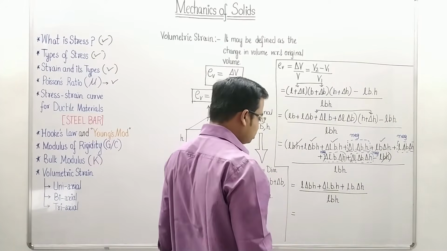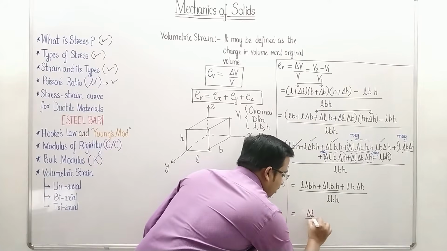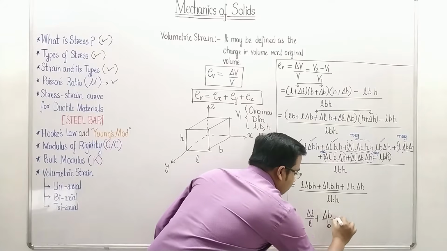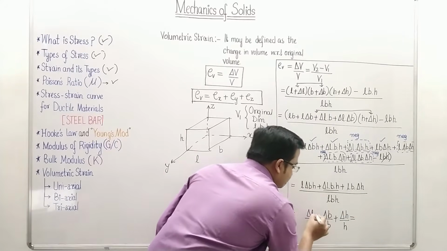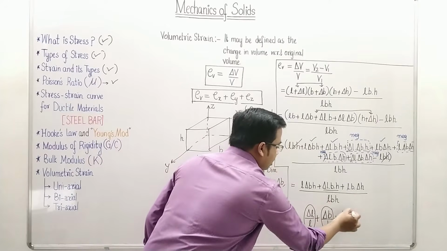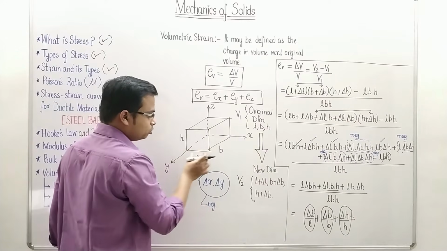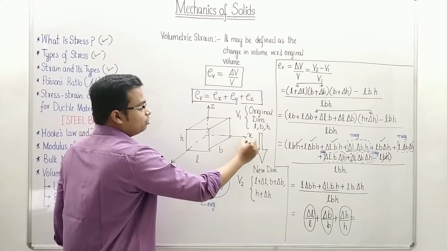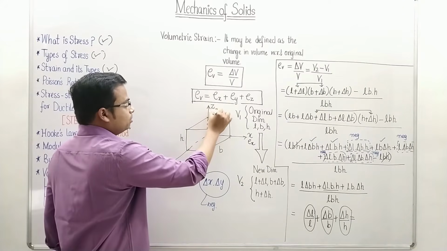So ultimately the final stuff that we are going to get is something of this sort: delta L upon L plus delta B over B plus delta H over H, which in fact is nothing but the linear strain along X direction, linear strain along Y, and this is the linear strain along Z direction. This L is along X direction, so change in length with respect to original length will give you the strain along X, strain along Y, and strain along Z direction.